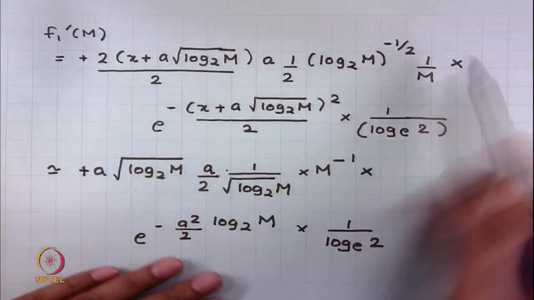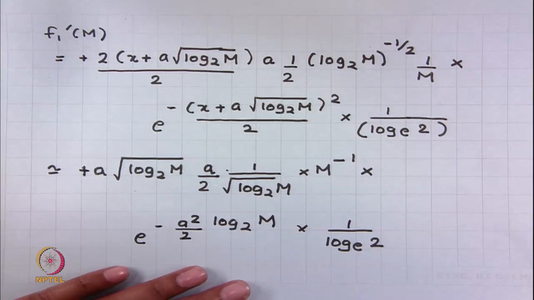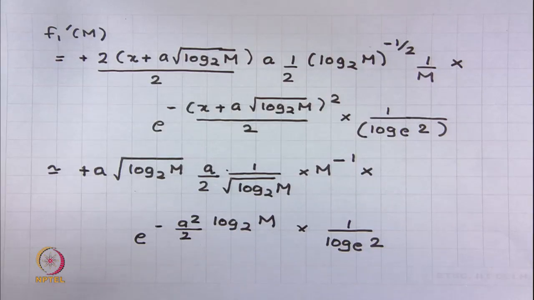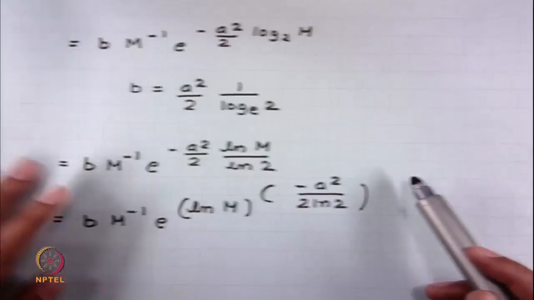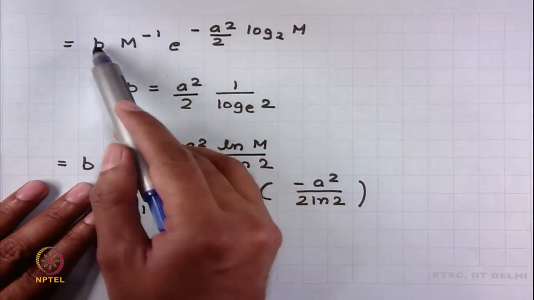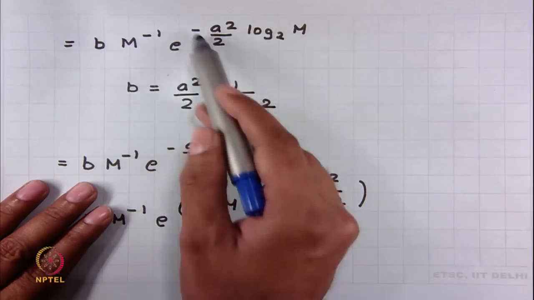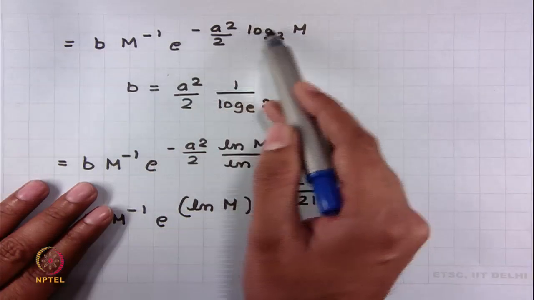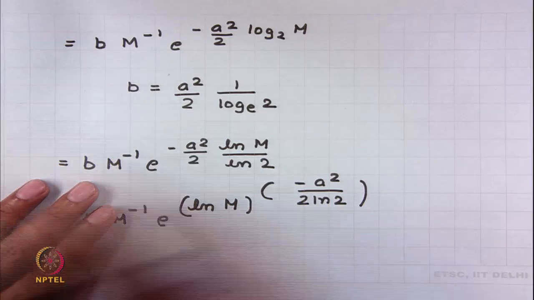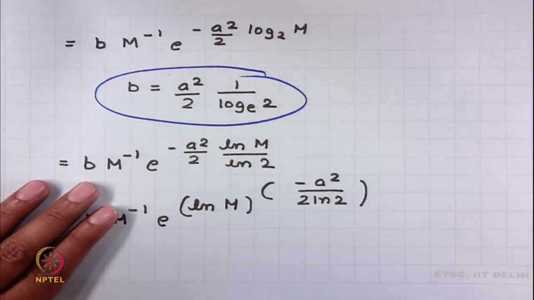You can look at this slide. Here I have carried this derivation, but what you can get in the end is that this is simply of this form b into m to the power minus 1 times e to the power minus a square by 2 times log 2 m, where b contains all coefficients that are not function of m.